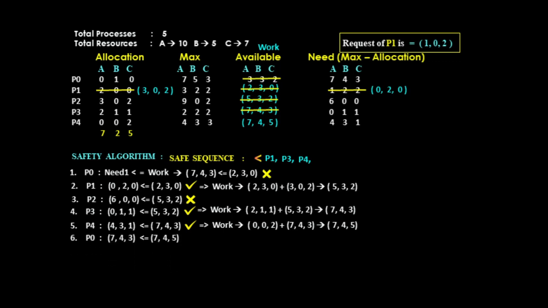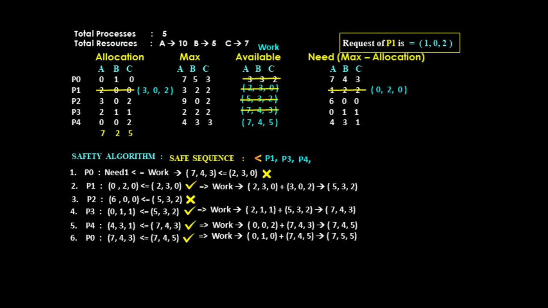Next, we have to select the unfinished processes, that is P0 again. Its need is 743. The currently available number of resources is 745. It is also valid. Now we have to change the work value to 755.